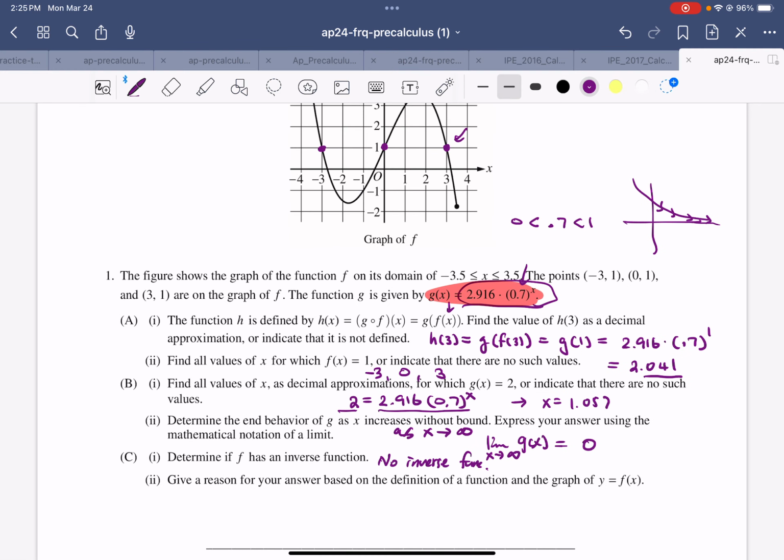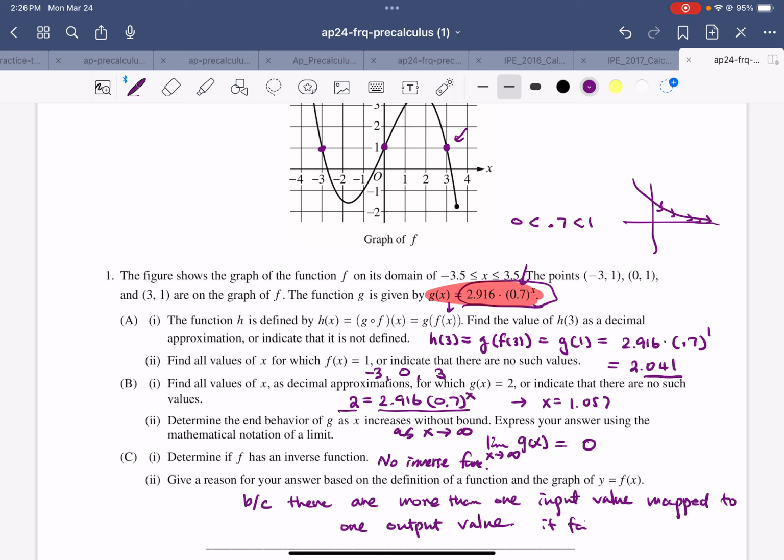So you can say because there are more than one input value mapped to one output value. Or you can say it fails the horizontal line test.